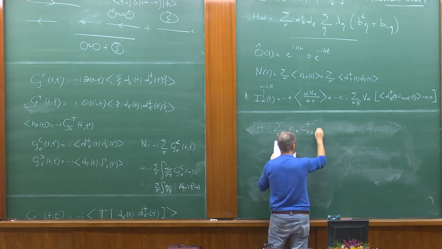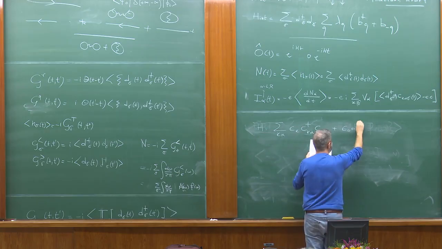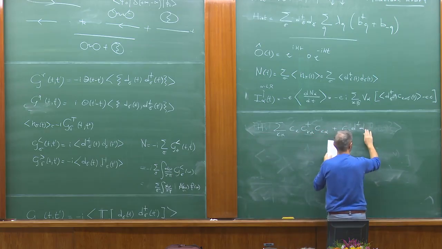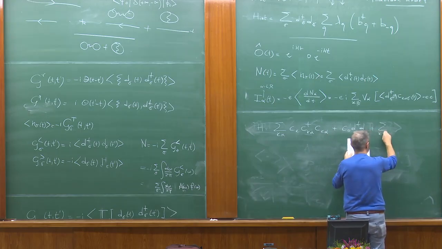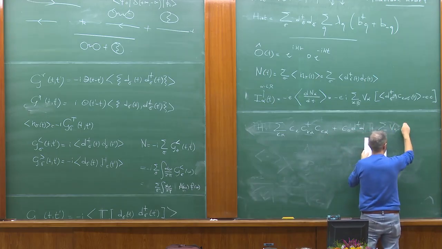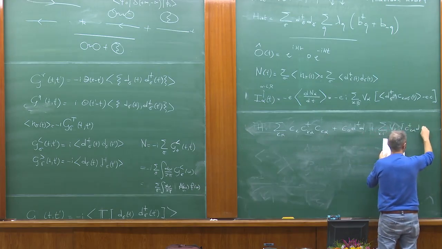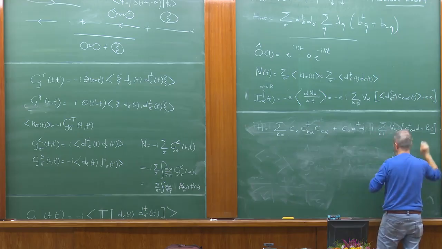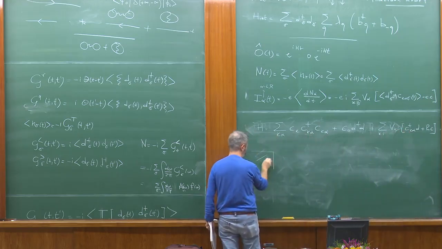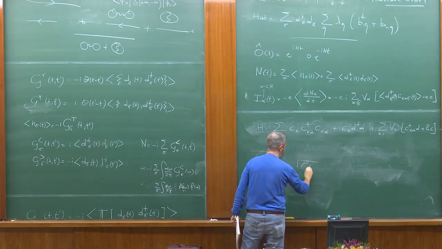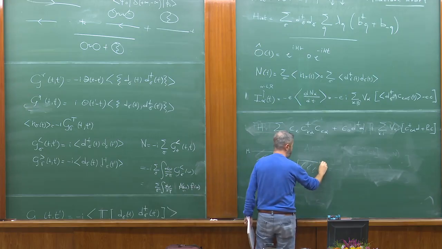no spin indices, just one resonant level, and some tunneling. And I'm going to ask myself the simple question. I have the two leads with different chemical potentials, mu left and mu right.